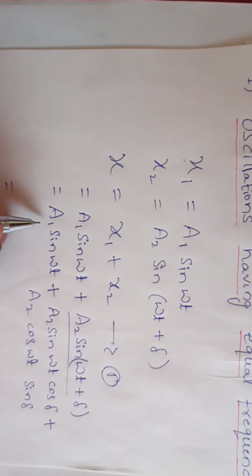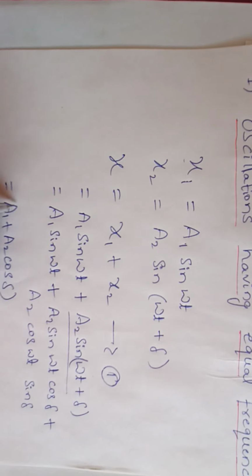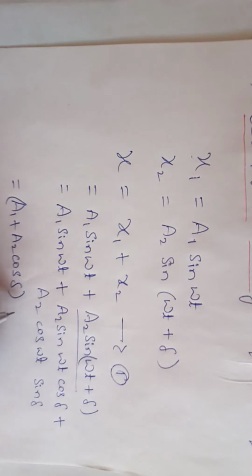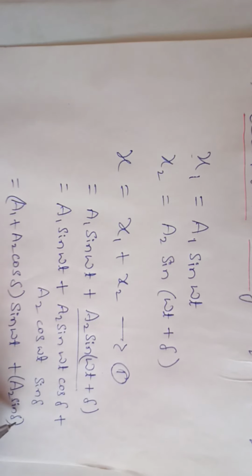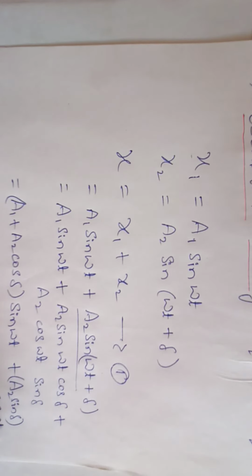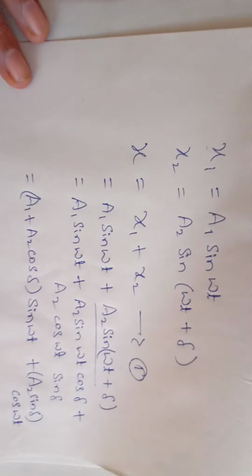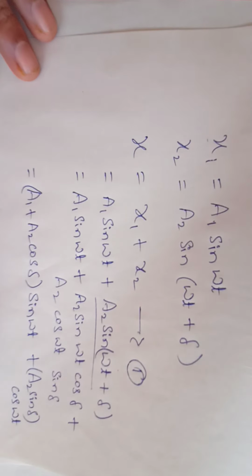Now this becomes a1 plus a2 cos delta, taking sin omega t outside, plus a2 sin delta, taking cos omega t outside.